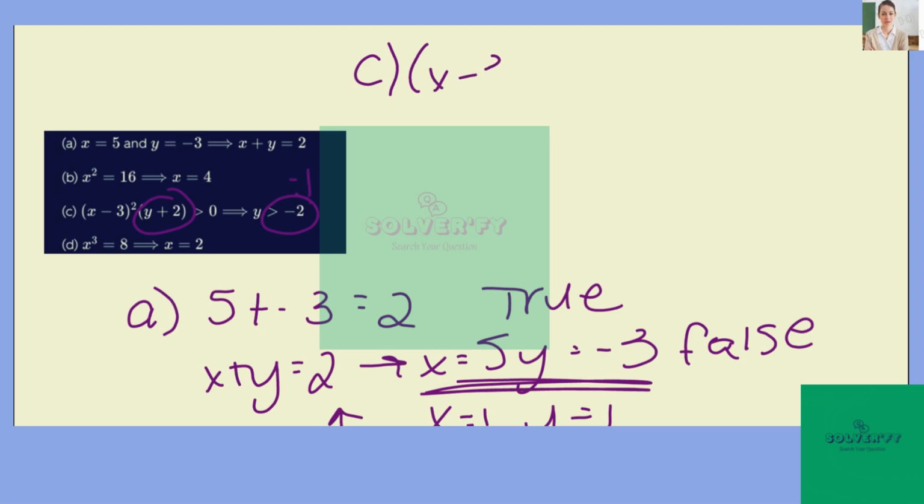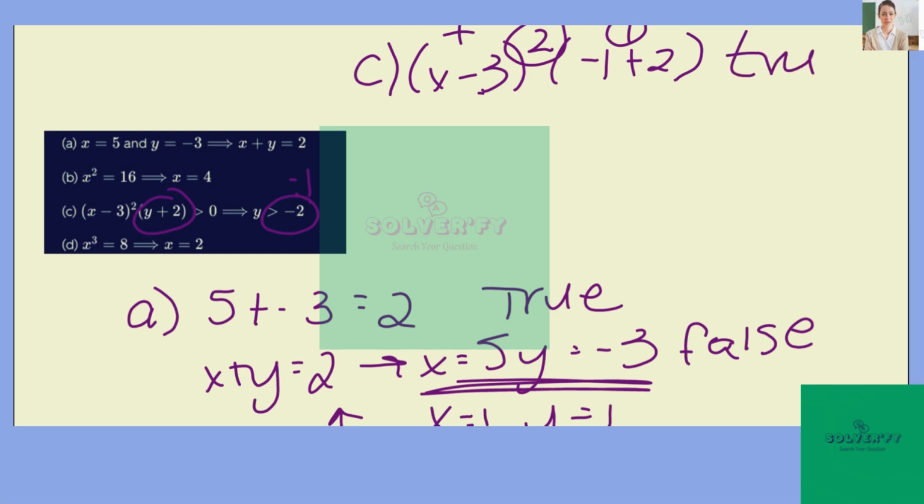We're going to get x minus 3 squared times -1 plus 2. -1 plus 2 is going to be 1. And we know that anything squared is going to be a positive number, and a positive times a positive is always going to be a positive, which is greater than 0. So we would say that this is true.